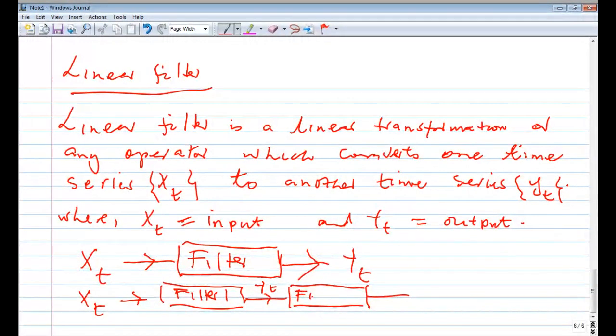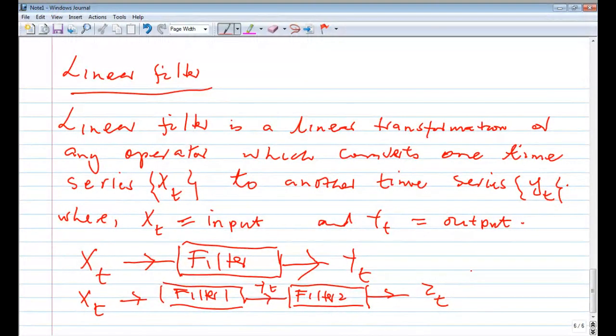Yt, put inside filter 2, produces another time series called, let's say, zt. So this is how the filters work. Any question? Okay, in the absence of any questions, let me proceed.